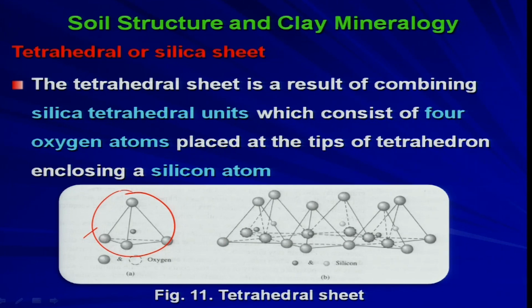You have 4 oxygen atoms, first one, second one, third one and fourth one, and you have only one silicon atom inside. So, that will form the basic unit of the clay minerals, which is known as the tetrahedron unit or silica sheet, because it contains silicon inside. They will be getting stacked, and if you consider only the tetrahedral sheets, they will be stacked this way.